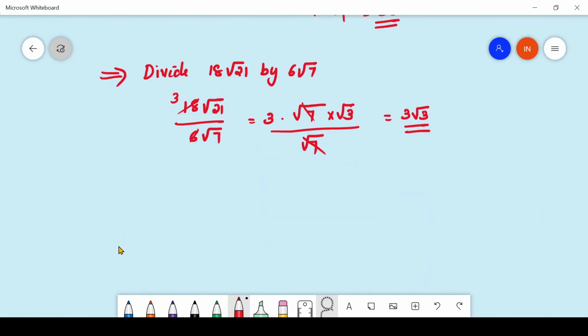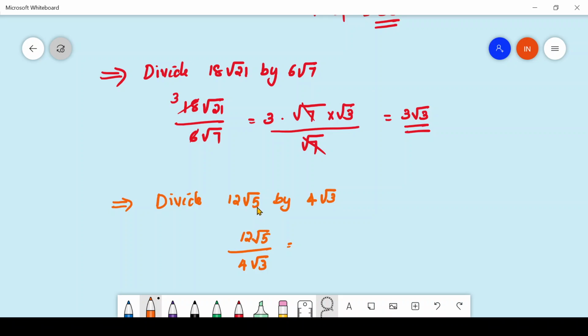Yeah. So one more example, let me show you. Divide 12 root 5 by 4 root 3. So how can we do this? 12 root 5 by 4 root 3. Okay, I will write over here.